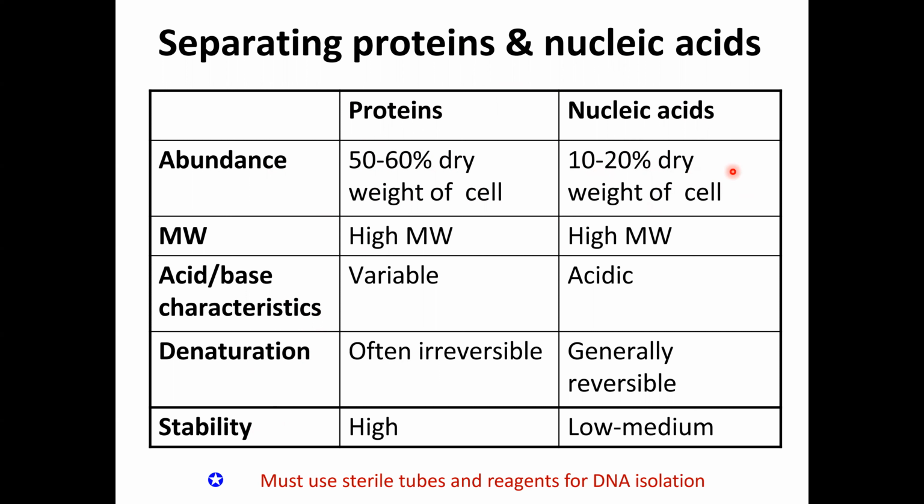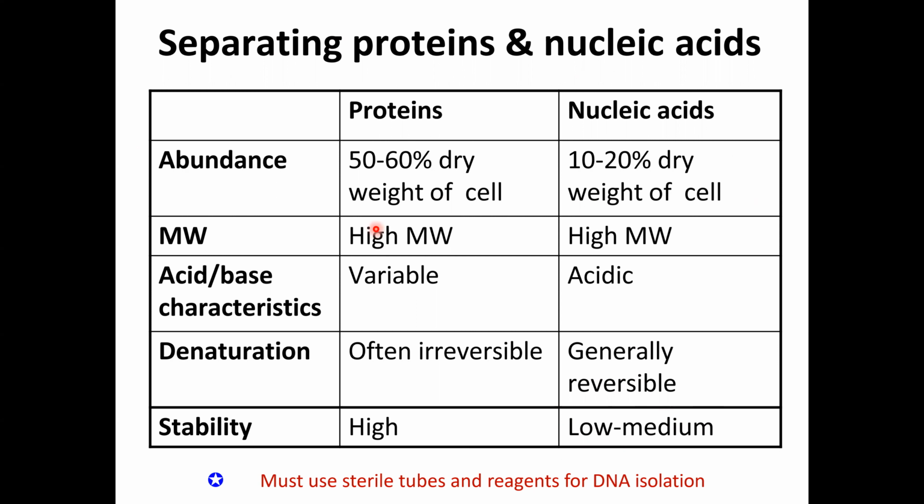Both are high in molecular weight, but in acid-base characteristics, proteins are very variable, whereas nucleic acids are acidic. Protein denaturation is often irreversible, whereas nucleic acids are generally reversible. Proteins are very stable in some conditions, whereas nucleic acids are in a low or medium state of stability.